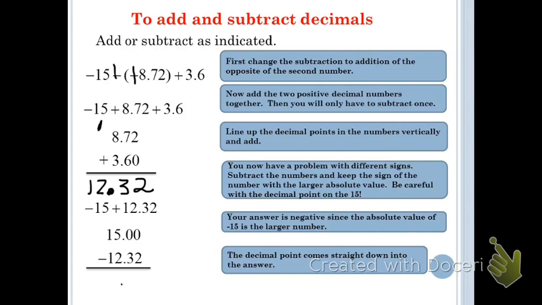So now I have the negative 15 to add to the 12.32. Since the absolute value of negative 15 is greater than the absolute value of 12.32, then negative 15 needs to go on top. My signs are different, so I'm subtracting.